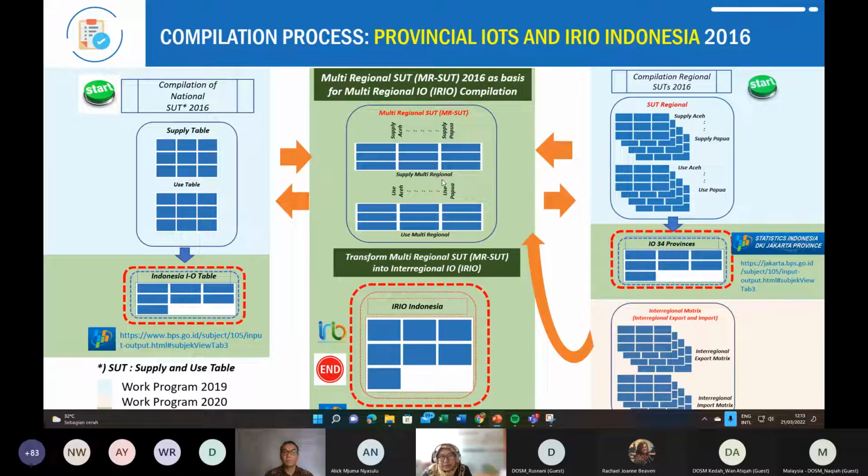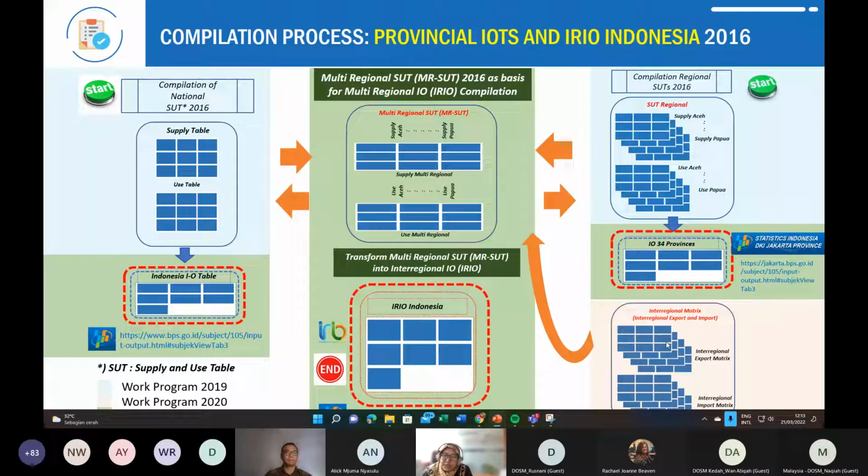And then the factor of export and import is transforming. There is a need to transform the factor of export and import in the SUT table into a matrix of interregional export and import.